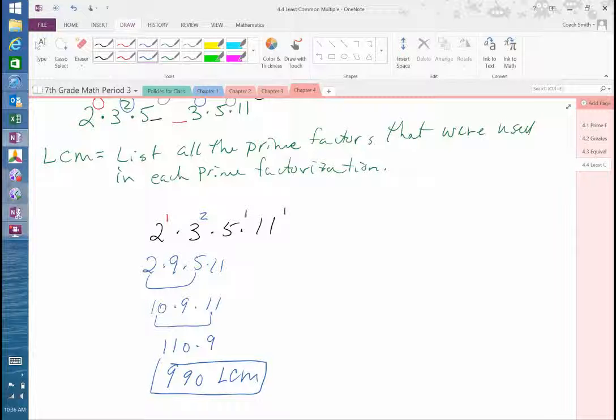I'm not laughing. So, your LCM is 990, GCF is 15.